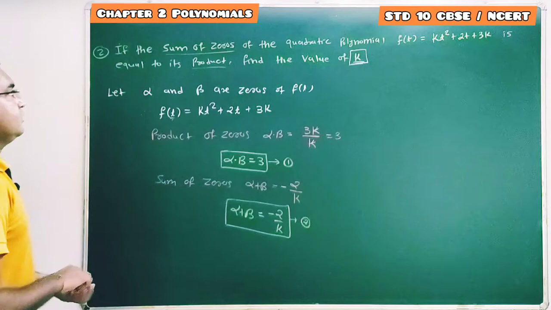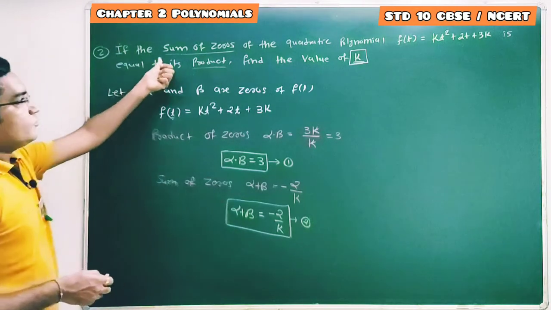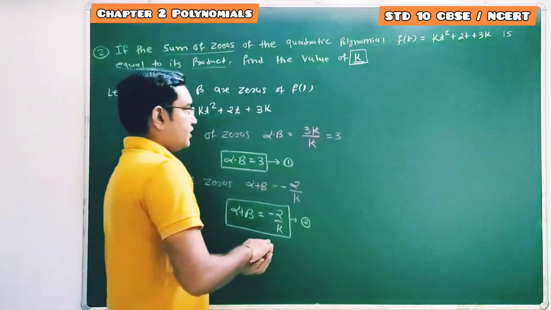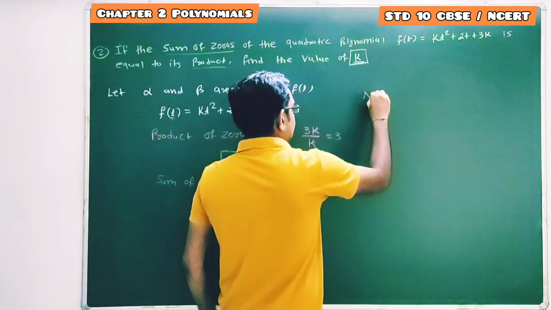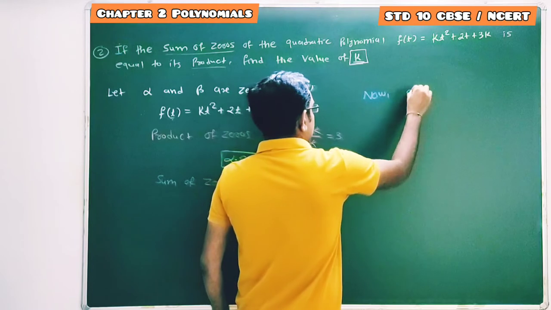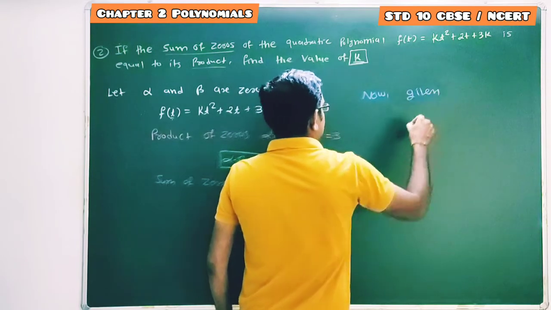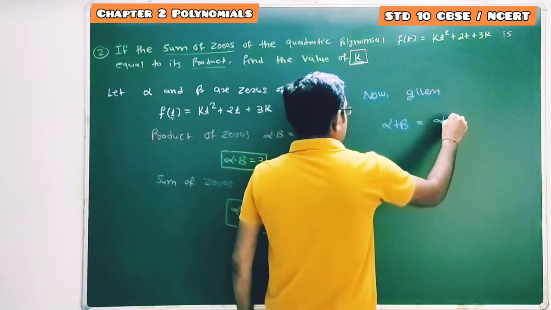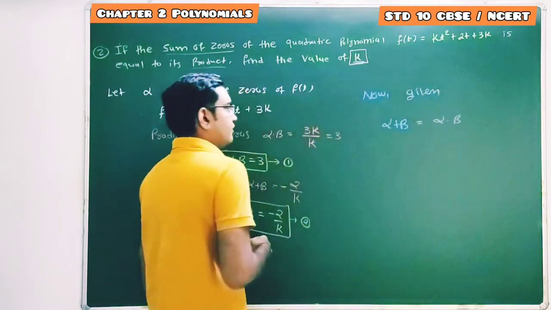Now what are we given? We are given that the sum of zeros of quadratic polynomial is equal to product. So now we are given that sum of zeros alpha plus beta equal to product of its zeros. Find the value of k.